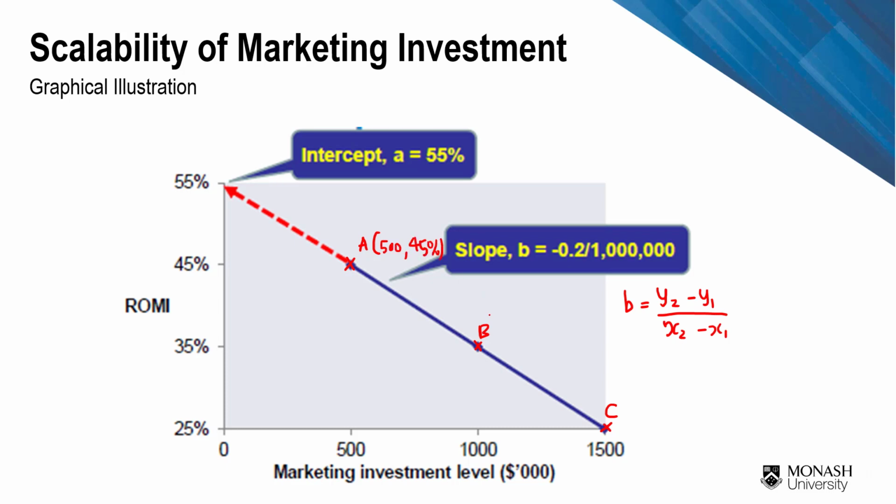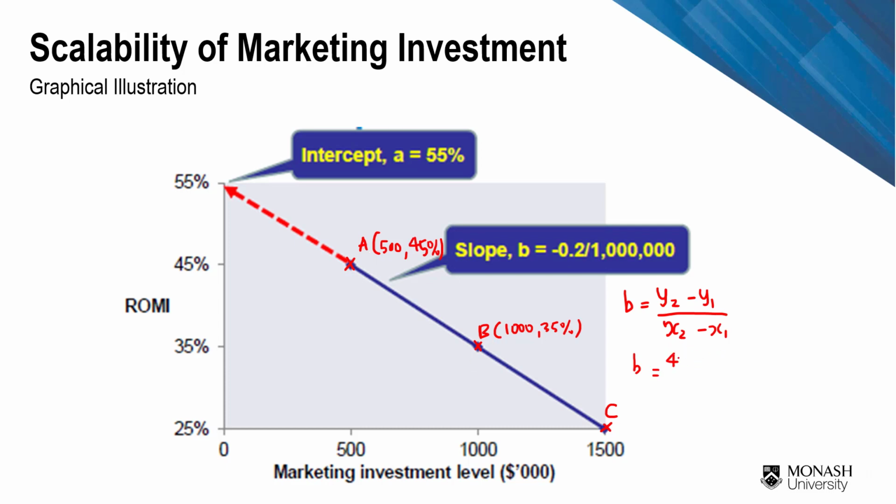So because of that, you can actually calculate your slope, which is, I'm just going to take the first one as 2 and B as 1. It's up to you.